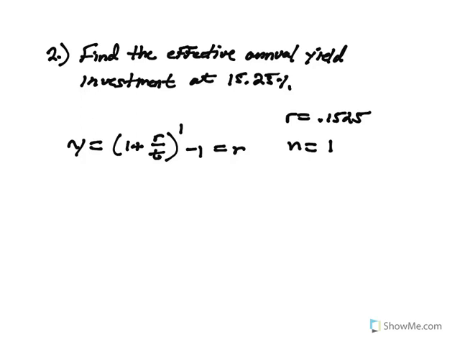I know it sounds kind of weird, but the effective annual yield is going to be equivalent to the rate because the interest is compounded annually in the investment. So this is the magic right here. I'm going to write this down.